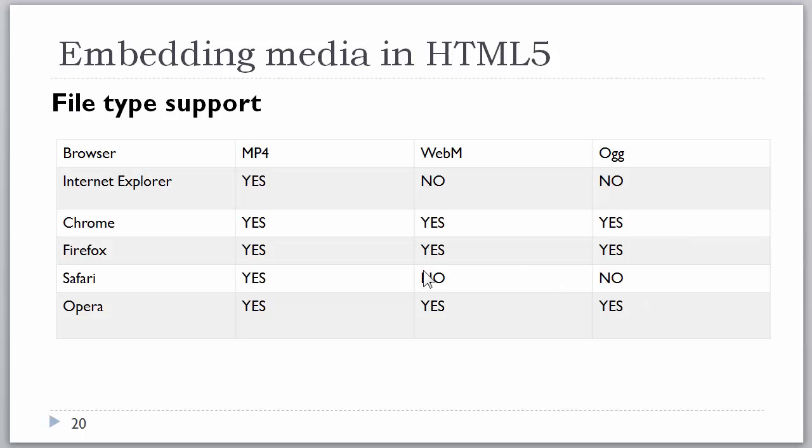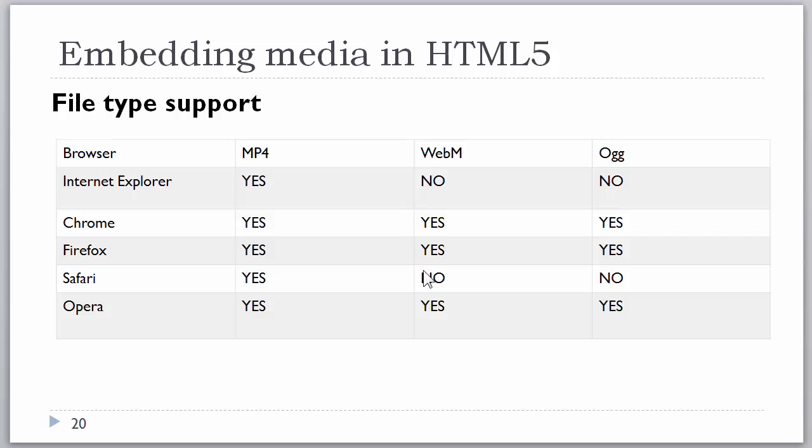So this is where we are with file support, and as you can see, MP4 is predominantly supported all across the board, and I assume that will be the file of choice. And I'm only covering video. Audio works the same way, and with audio it is MP3. However, there are a couple other file formats that are supported by HTML5 video, and this is it.